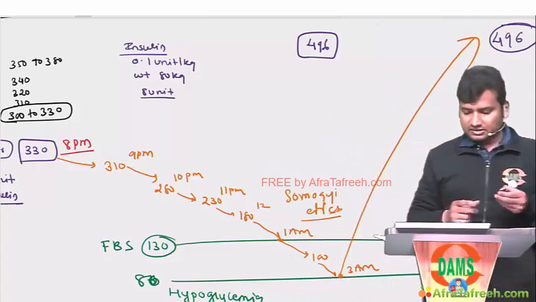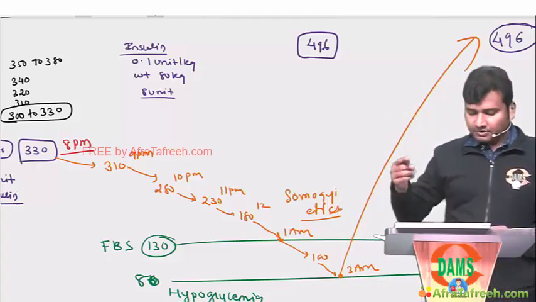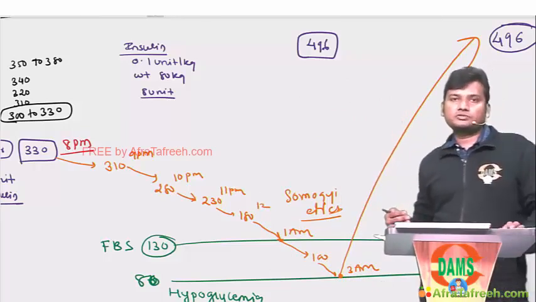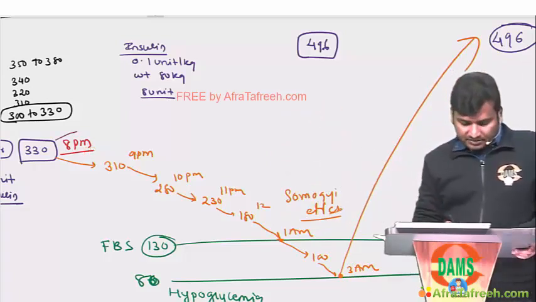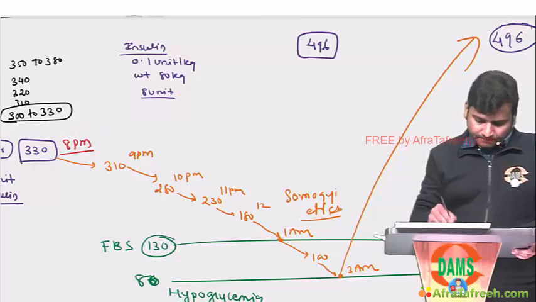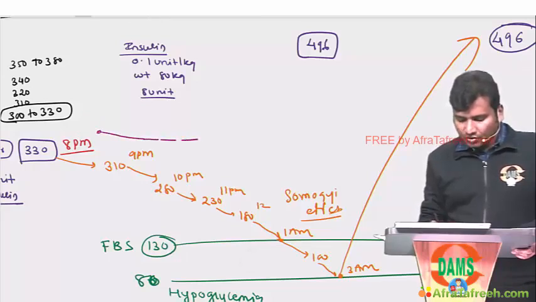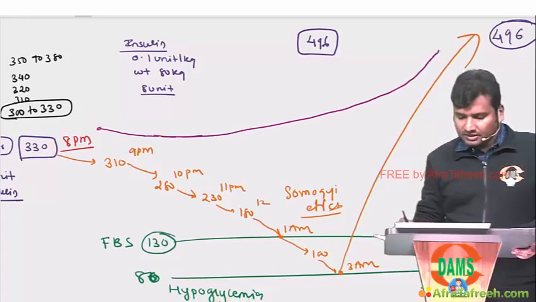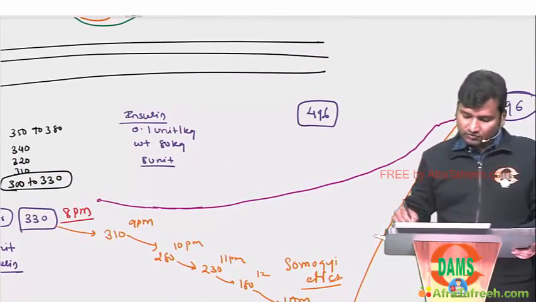If the patient has very low sensitivity to insulin, or you can say very high resistance to insulin, then the patient will not give a very good response, and the sugar level, which is 330, after giving insulin will decrease for some time, and then throughout the night it will go on increasing. So this second phenomenon is also possible, which is called the dawn phenomenon.